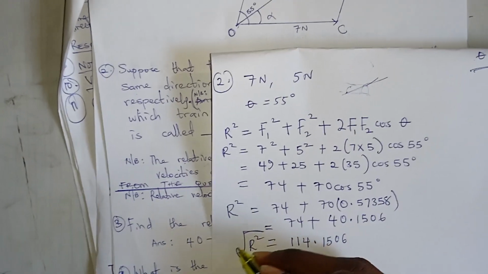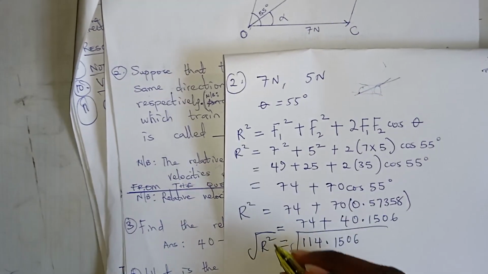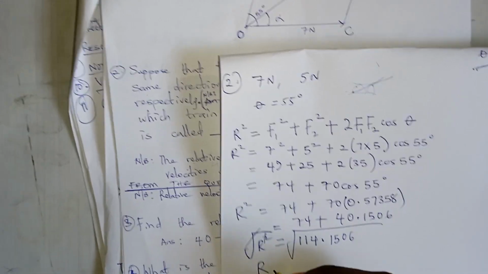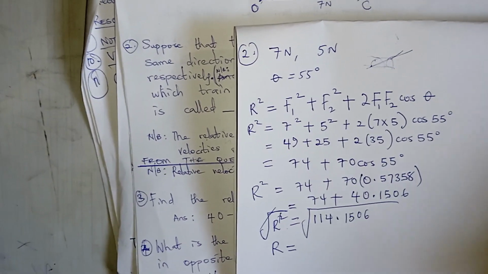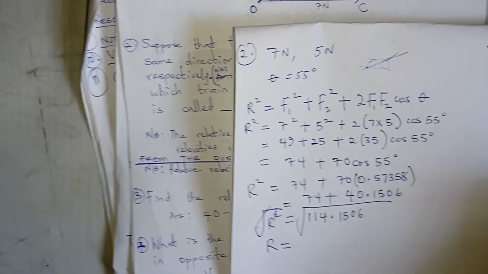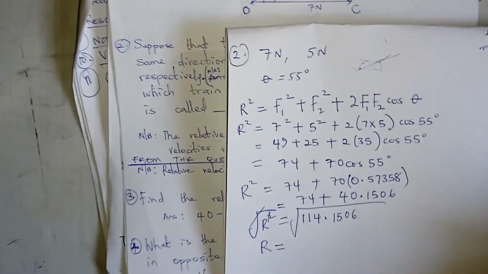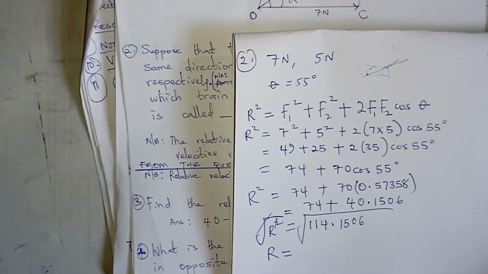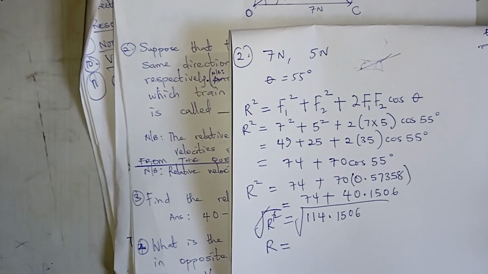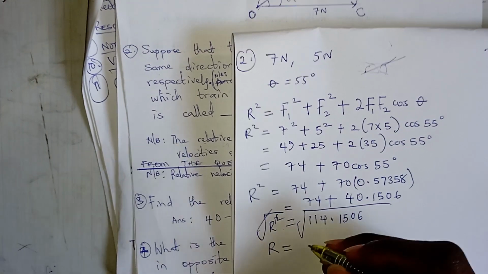So take the square root of both sides, because this will cancel, since we want to make r the subject of the formula, so that r becomes the square root of 114.1506.